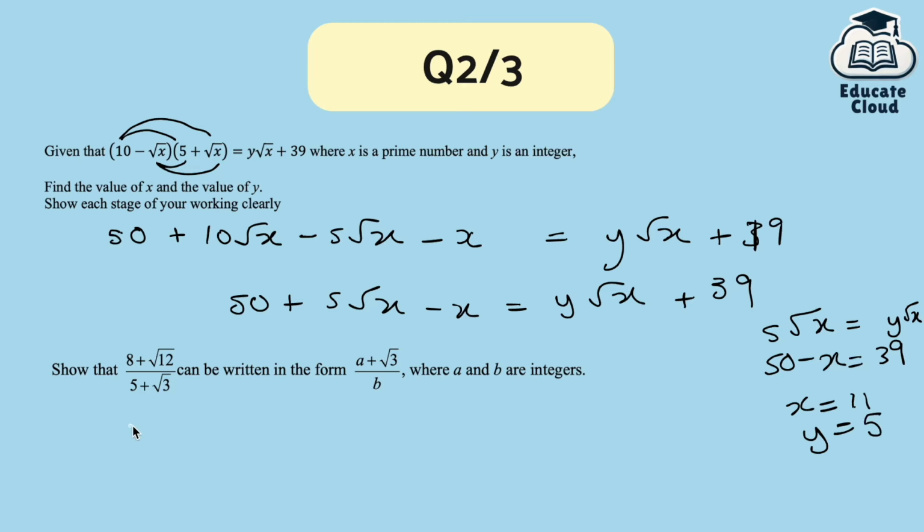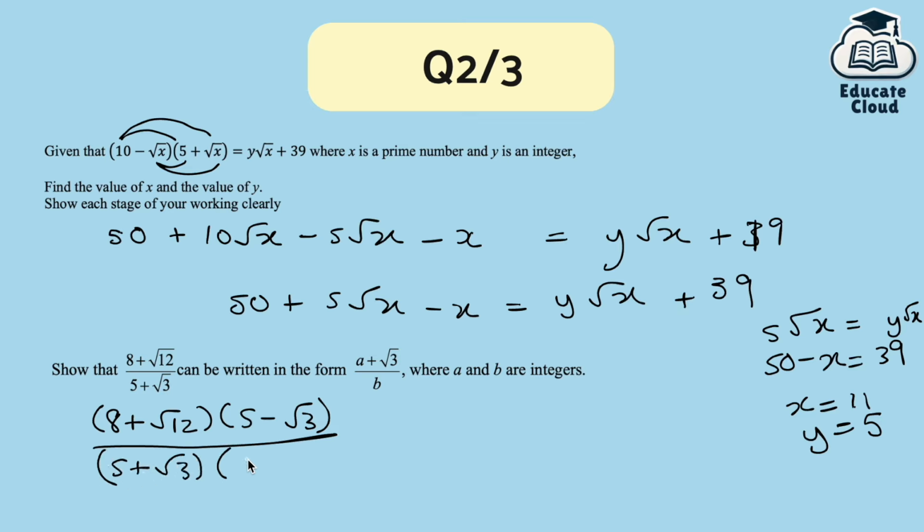Now here, this is rationalizing, and you're very likely to get something like this. So 8 plus root 12 times 5 minus root 3, because remember you change the sign of the denominator. So you multiply the numerator by the conjugate of the denominator. So you're basically doing this.